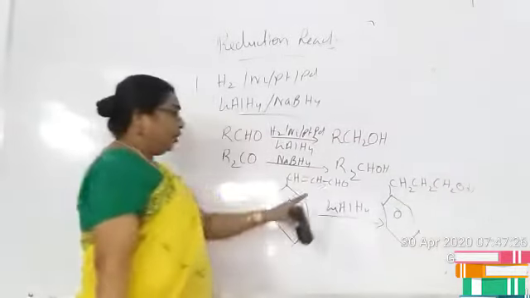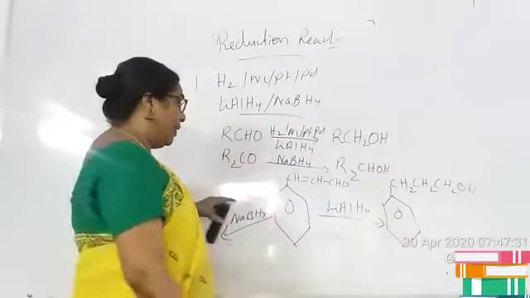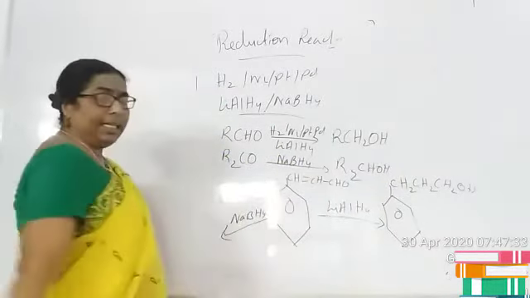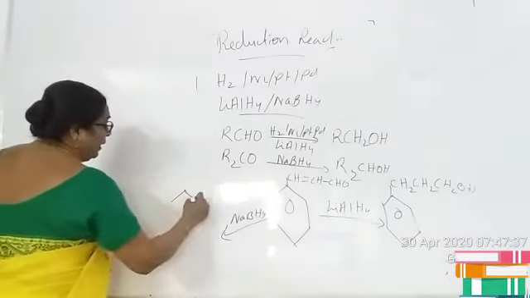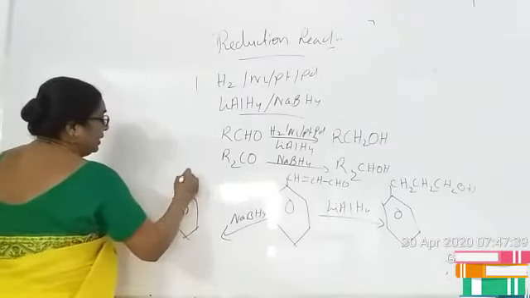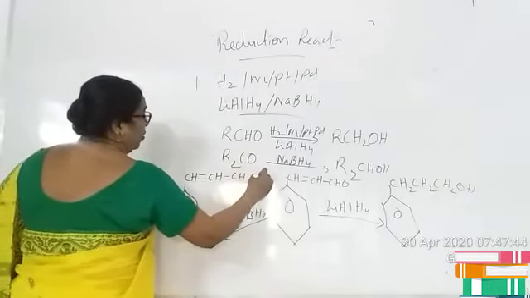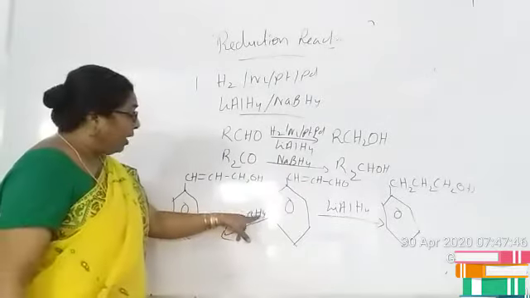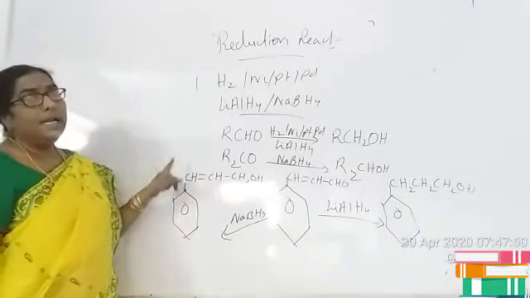Is it clear? You will be getting 3-phenylpropan-1-ol as the product. On the other hand, when the reduction takes place in presence of sodium borohydride, only the CHO group undergoes reduction to CH2OH. That means sodium borohydride is unable to reduce the double bonded carbon.